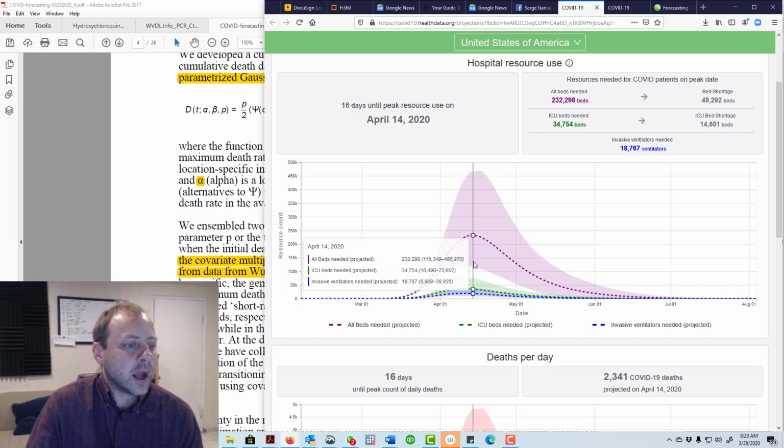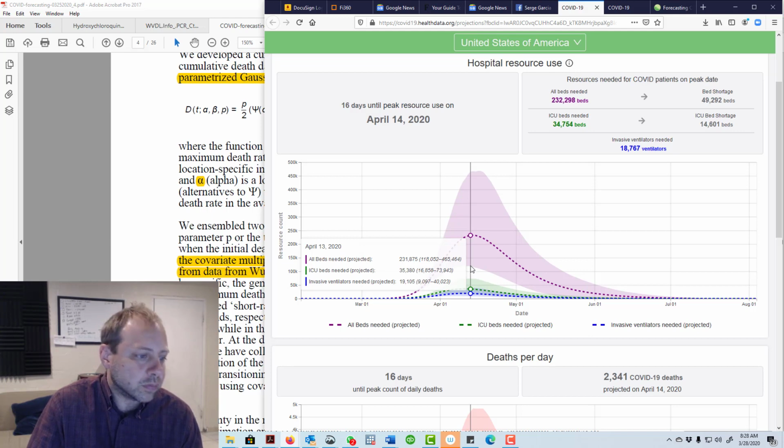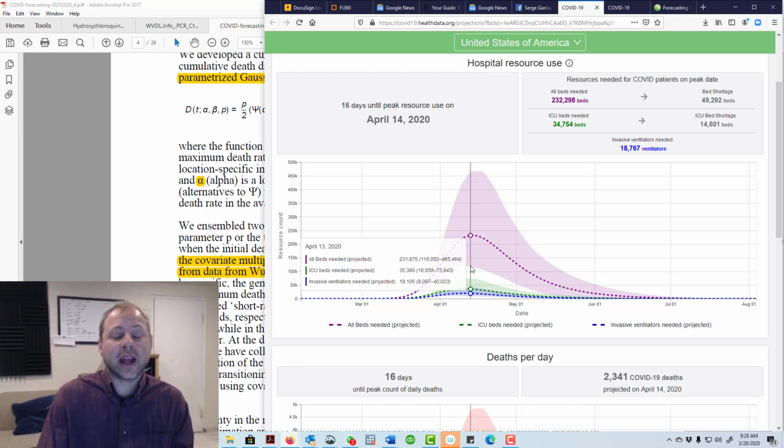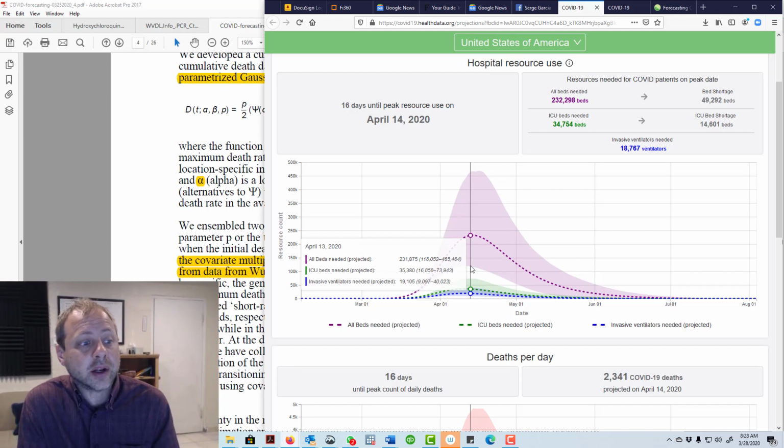This number up here. And the best case scenario is that we'll be down here at the bottom, which is closer to 125,000, right? So it's possible that your buddies who are saying, hey, it's not a big deal, don't worry about it, might be correct, because that's the best case scenario.